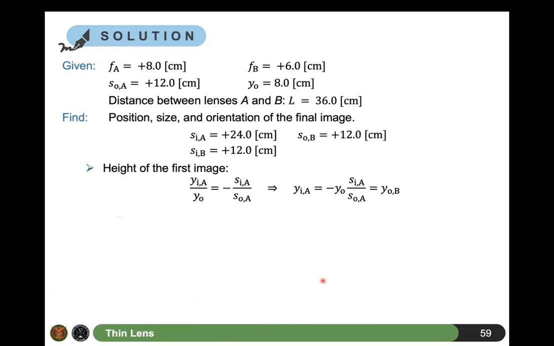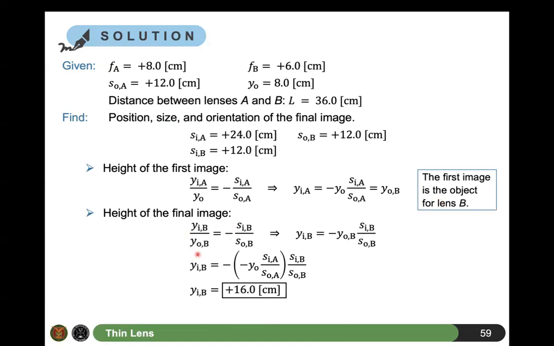Okay. So first height muna. So ano naman yung height ng first image? So gamitin natin yung magnification equation. Alam natin yung YO. So YI, A will be this one. This value. So pwede natin i-plug in yung YO, yung SIA, saka SOA. Okay? That will be the height after passing through lens A. Tapos, kung ano yung height ng image na yan, yan yung magiging height ng object for the lens B. And so, YOB is equal to this YIA.